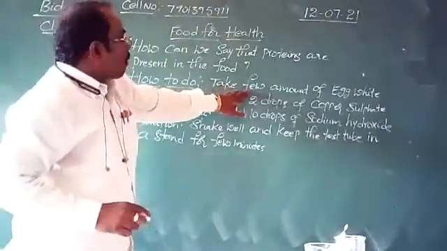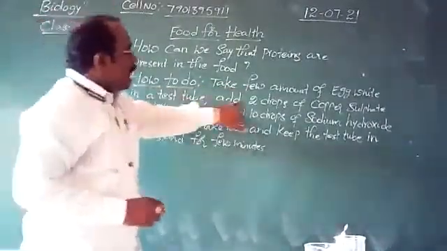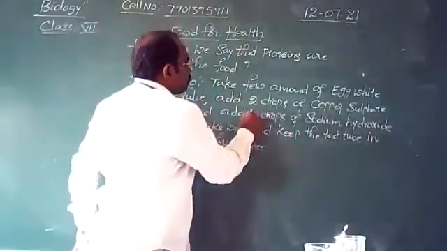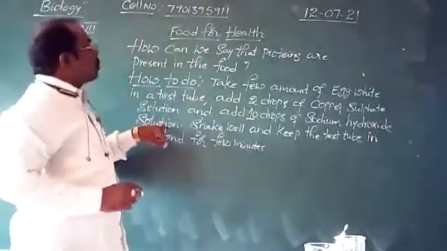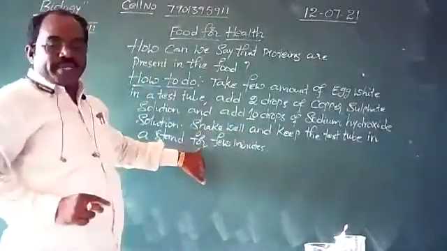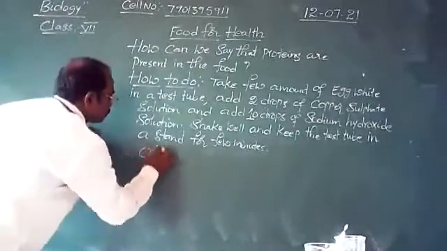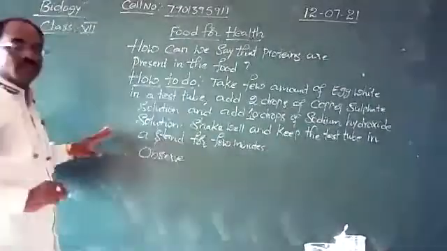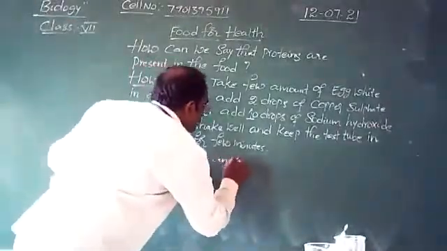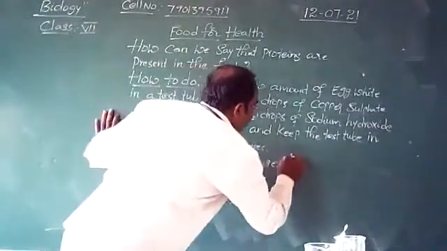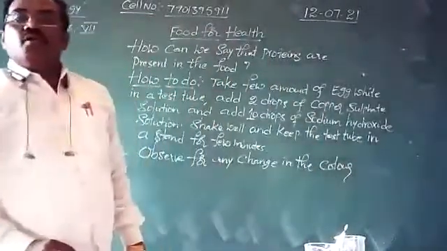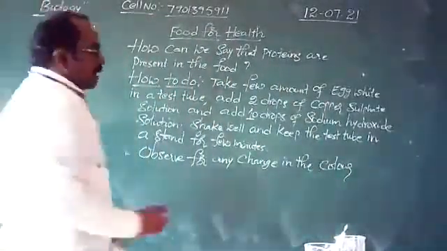Take a small amount of egg white in a test tube, add 2 drops of copper sulfate solution, and add 10 drops of sodium hydroxide solution. Shake well and keep the test tube in a stand for a few minutes. Observe any change in the color of the material.